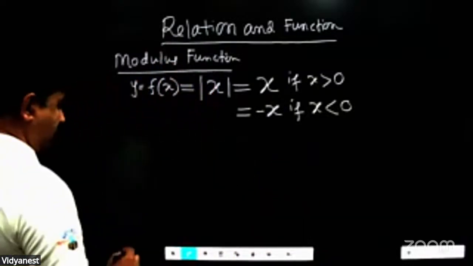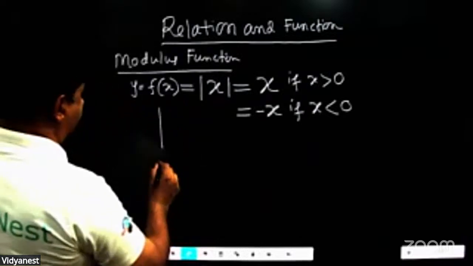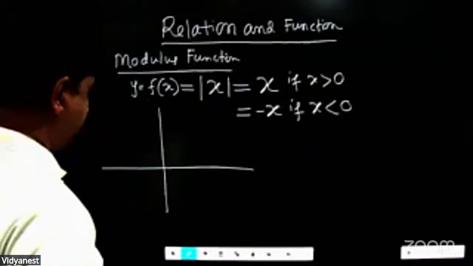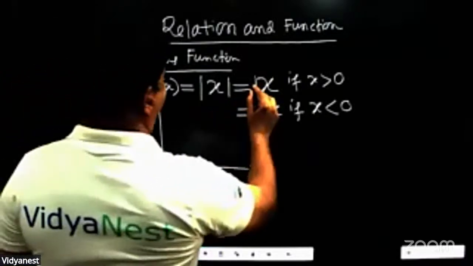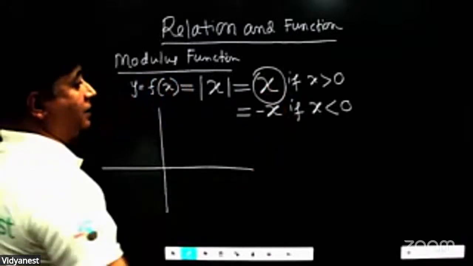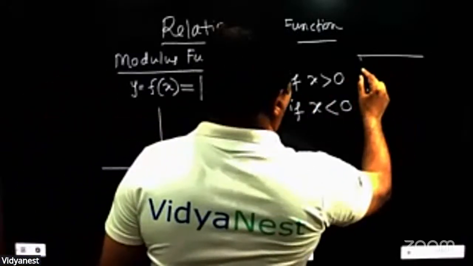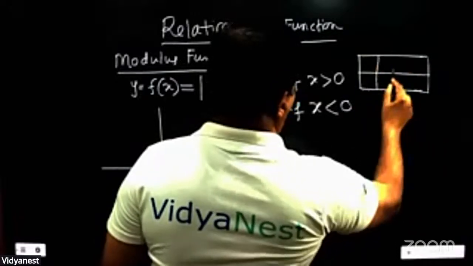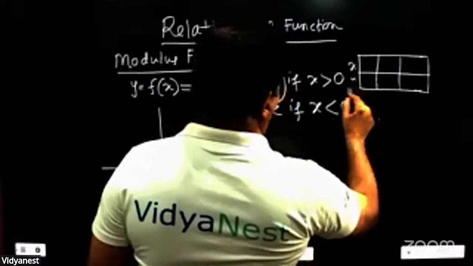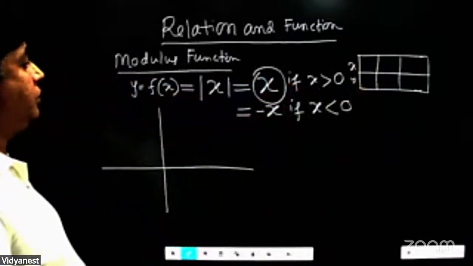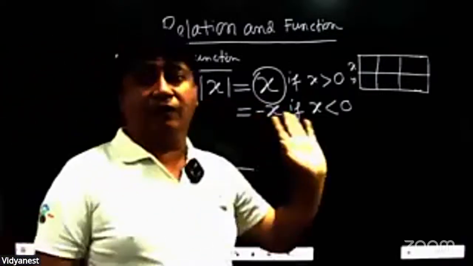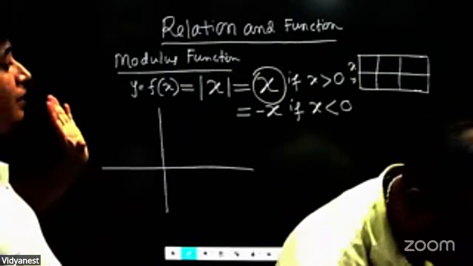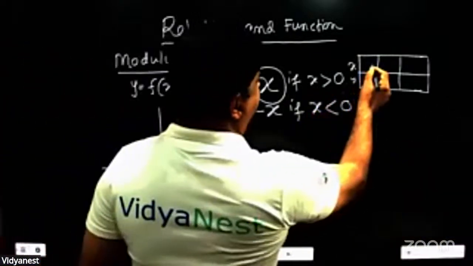See, y is equal to x, x greater than 0. Let us draw one solution table, x and y. You choose 3 arbitrary values of x which is greater than 0. Arbitrary means according to your free will.